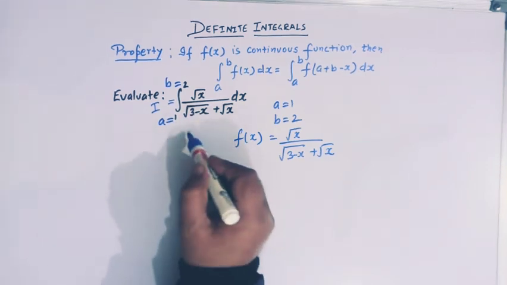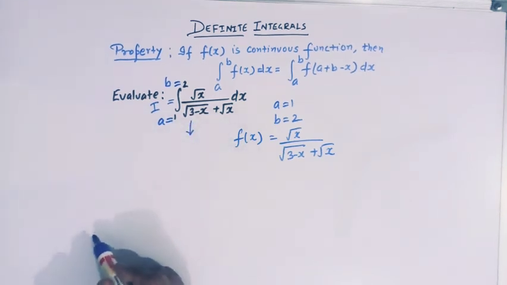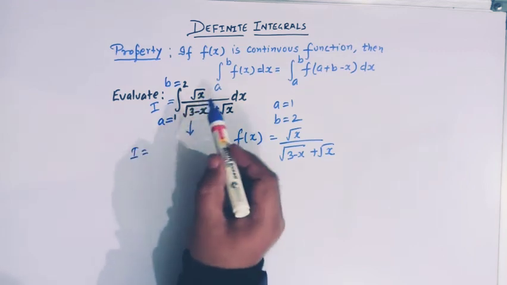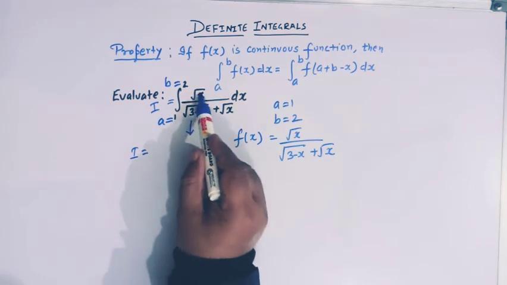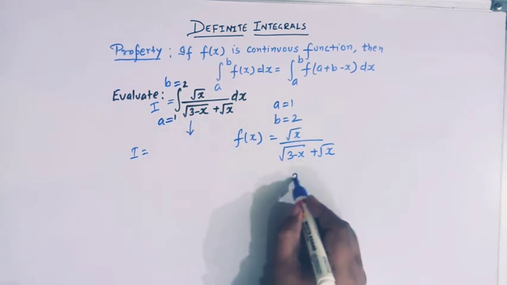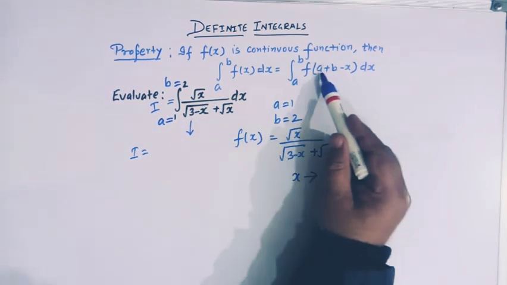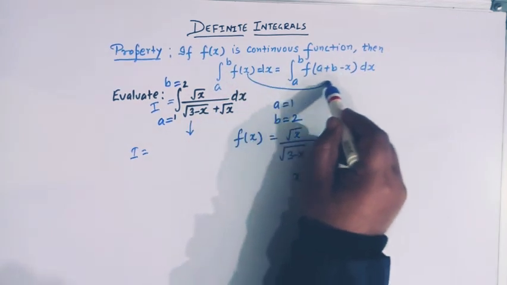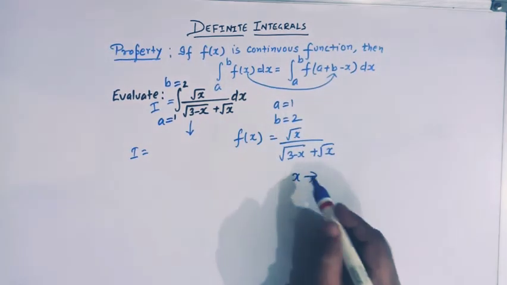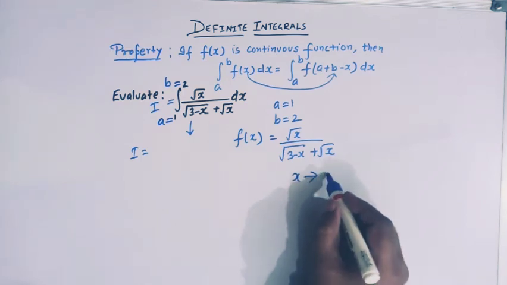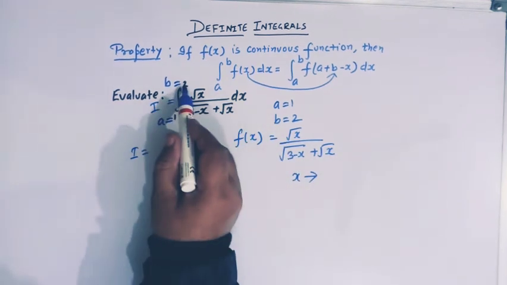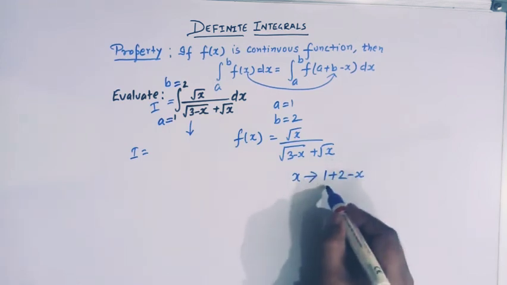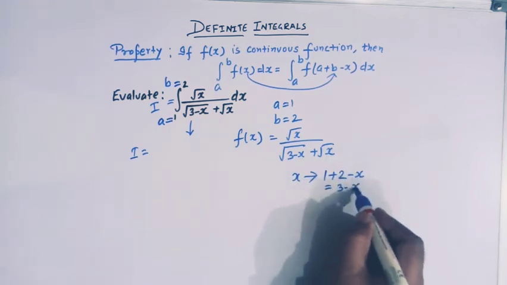Clear? In the next step, we will replace this variable x by a plus b minus x. With a as 1 and b as 2, 1 plus 2 minus x is 3 minus x.